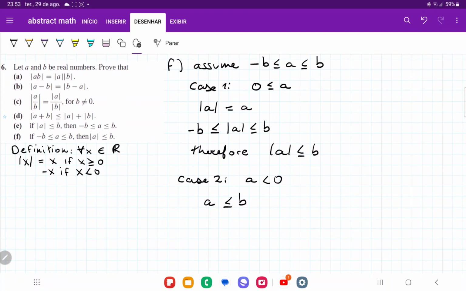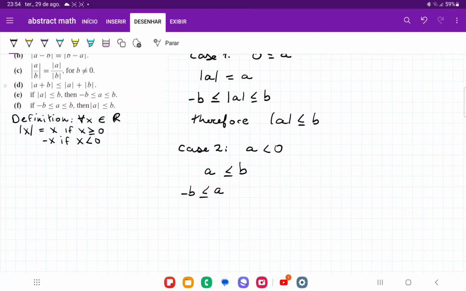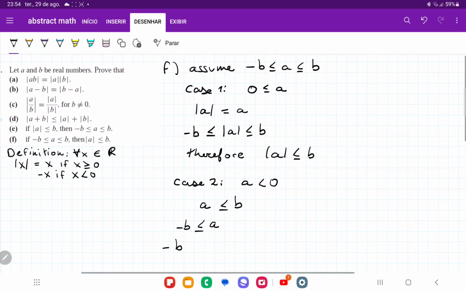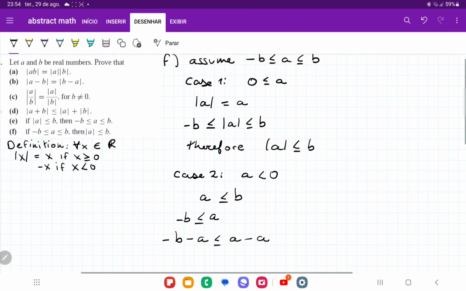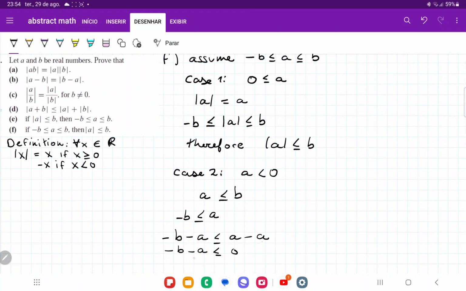So in this case here, what we're going to do is say, okay, then A is going to be greater than or equal to minus B, right? And so if A is greater than or equal to minus B, what I'm going to do is subtract A from both sides. So I have that minus B minus A is less than or equal to A minus A. And so in this case, A minus A cancels out, right? I have that minus B minus A is less than or equal to 0. And then I'm just going to bring the B to the other side.